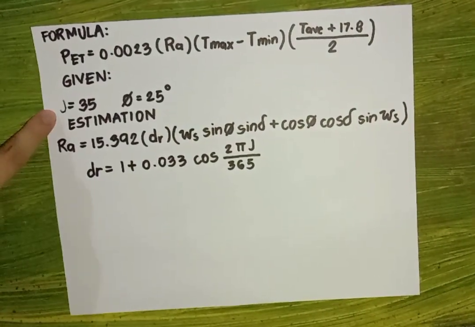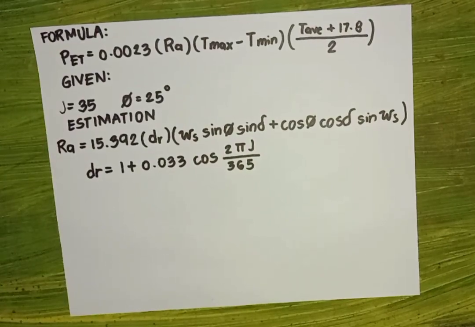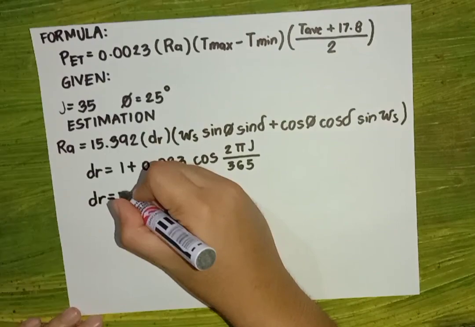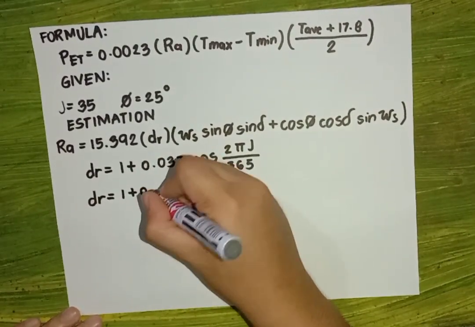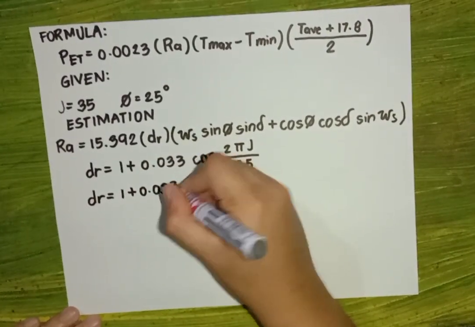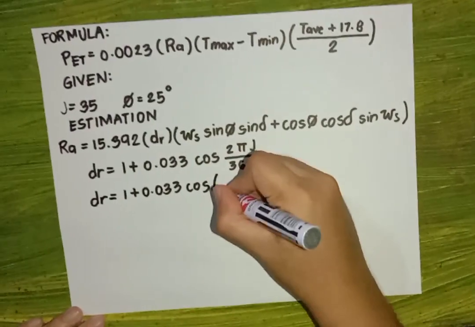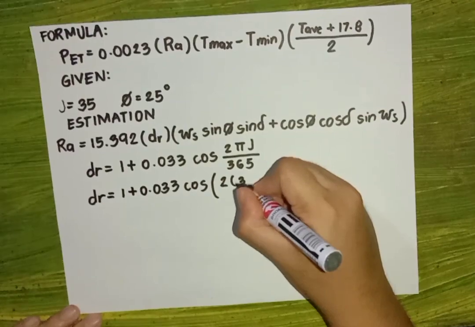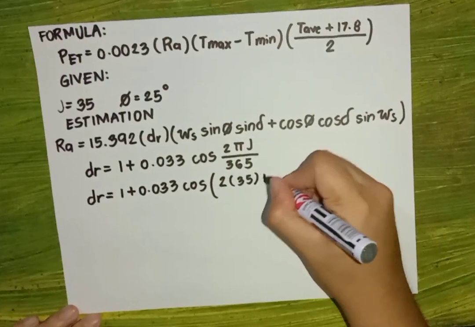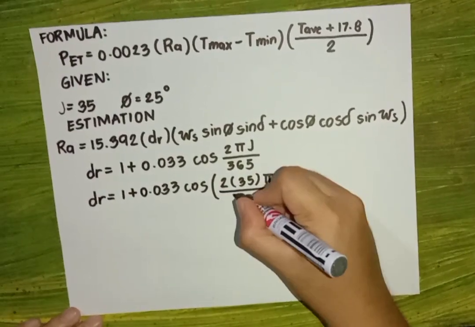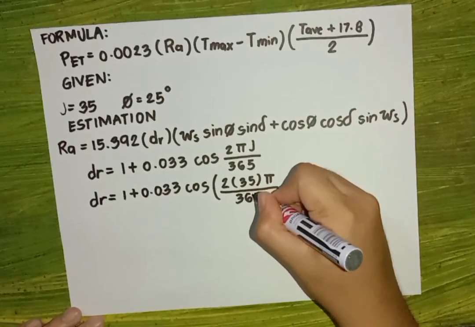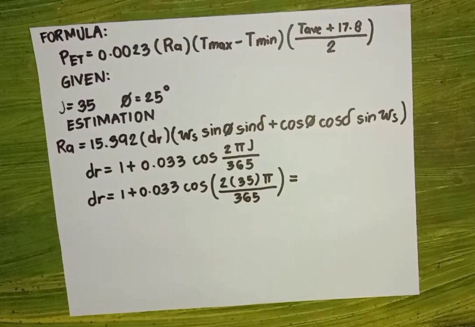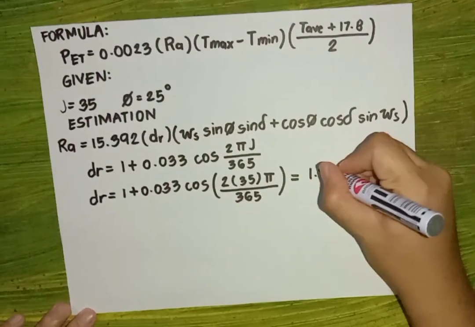Substituting the value of J, D sub R is equal to 1 plus 0.033 times cosine 2 times 35 times pi over 365. Our D sub R is equal to 1.032.